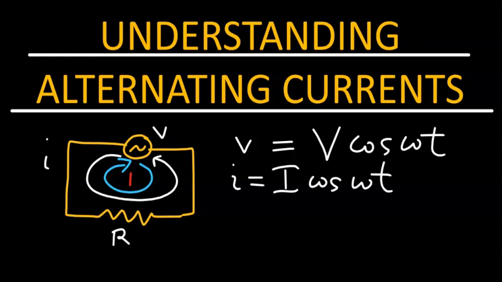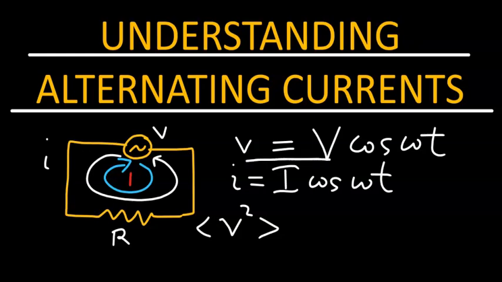We note that since the value of v, and therefore i, can be positive or negative due to fluctuations like that, it is more useful to describe the average value of such quantities using the concept of a root mean square. So if you want to calculate the root mean square value of voltage, first you have to calculate the average value of the square of the voltage, like that.